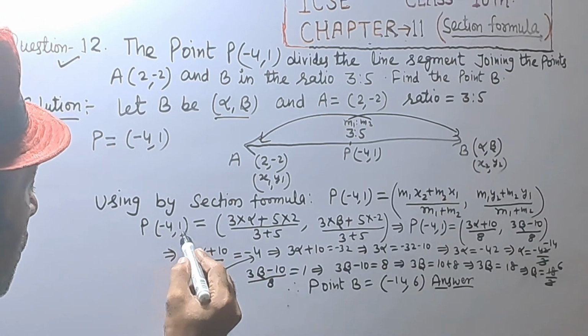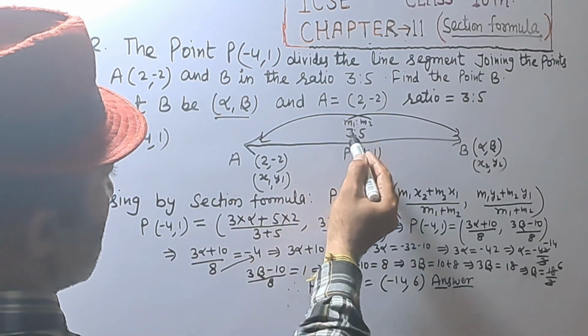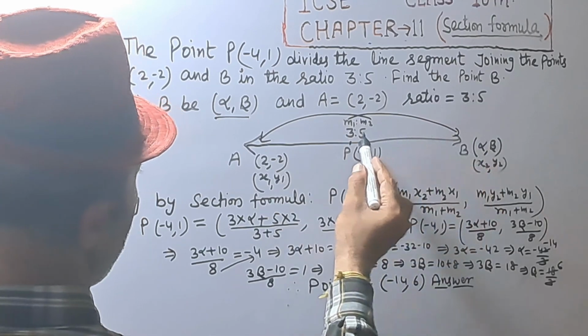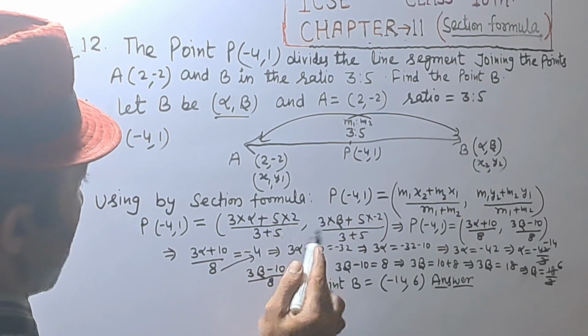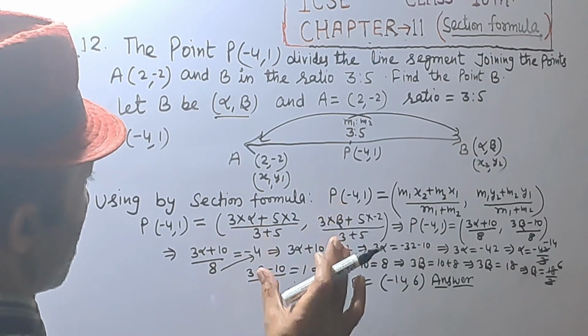P(-4, 1) is equal to 3 multiplied by alpha plus 5 multiplied by 2 divided by 3 plus 5, m1 plus m2.